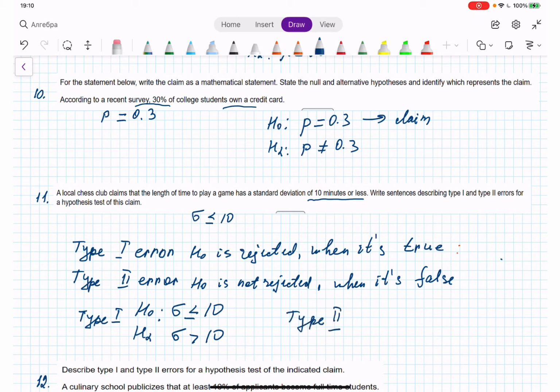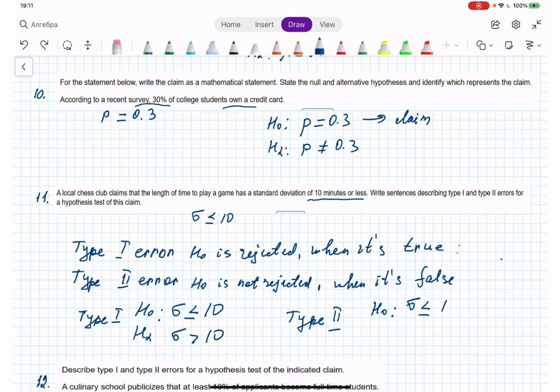For type 2 error, we say that the null hypothesis is less than or equal to 10, but no, we are doing false, right?